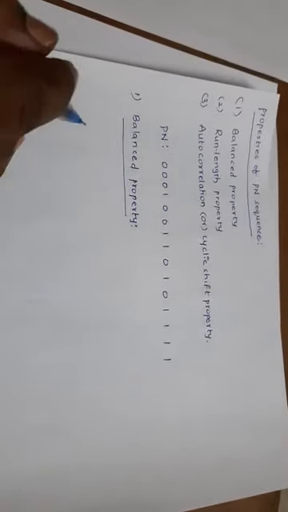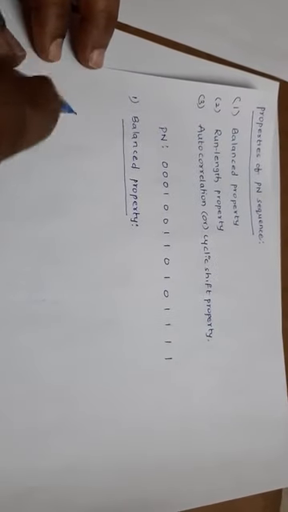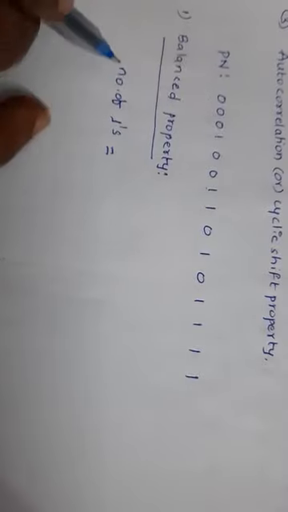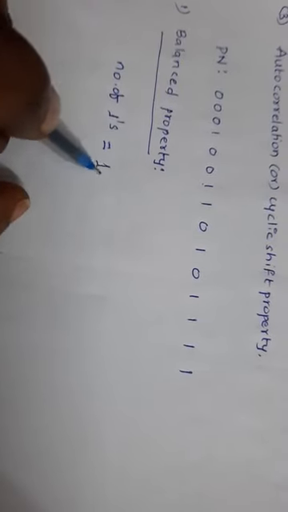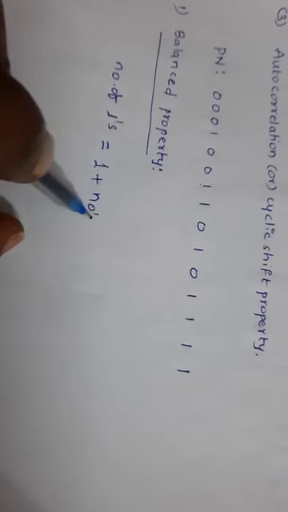In a PN sequence, if we count the number of ones, the number of ones is always one more than the number of zeros. That is, the number of ones is 1 plus the number of zeros.